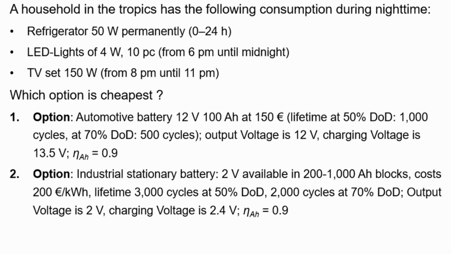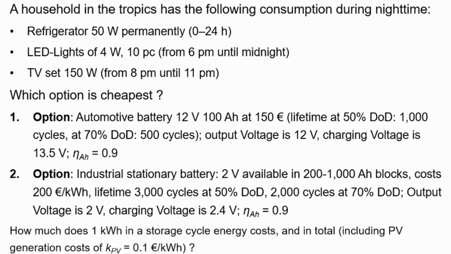It has a lifetime of 3000 cycles at 50% depth of discharge, and a lifetime of 2000 cycles at 70% depth of discharge. The output voltage is 2 volt. The charging voltage is 2.4 volts. Also, the ampere hour efficiency or Coulomb efficiency is 0.9. Again, that's not the energy efficiency.